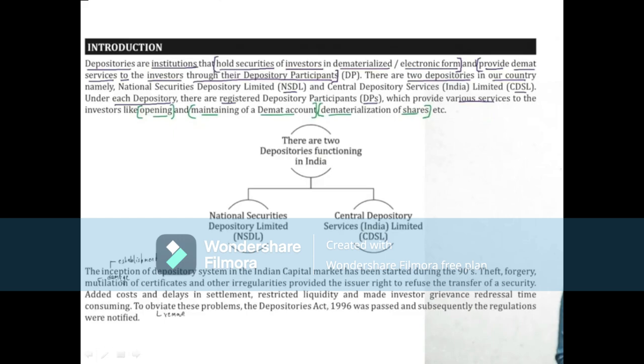Thereafter the Government of India promulgated the Depositories Ordinance 1995 on 7th January 1996. Previously it was an ordinance and now it has converted into an act.